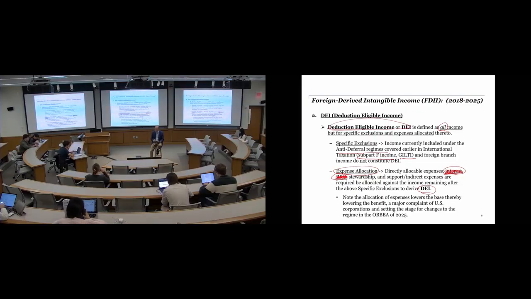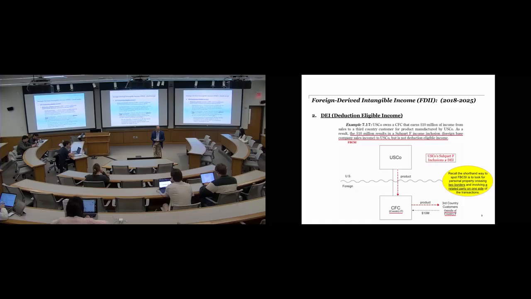You no longer need to apportion or allocate that against DEI, meaning DEI is going to be higher. And as you go through the calculation, that's going to keep your benefit higher. And those are two big items for U.S. taxpayers, two major expenses, interest expense and research and experimentation. Okay, so DEI, 717.